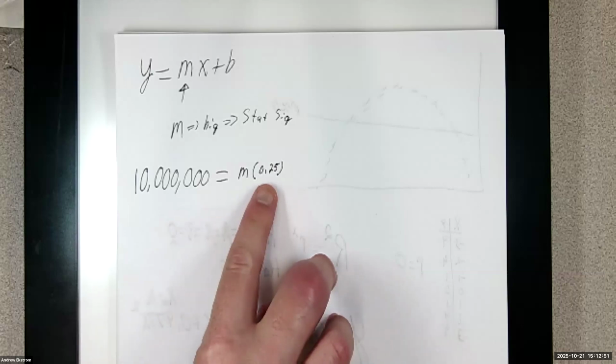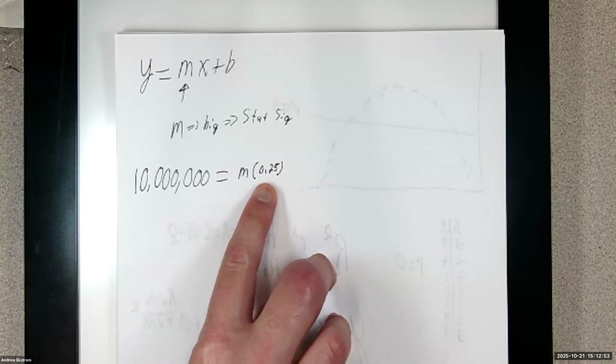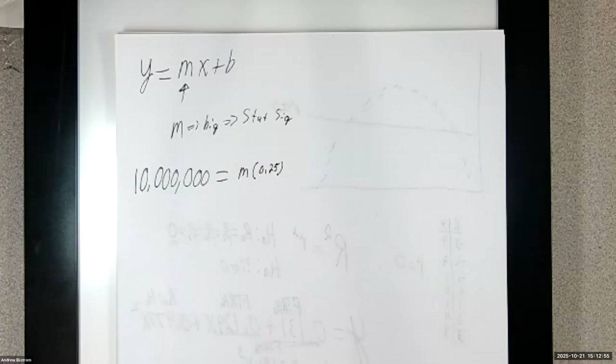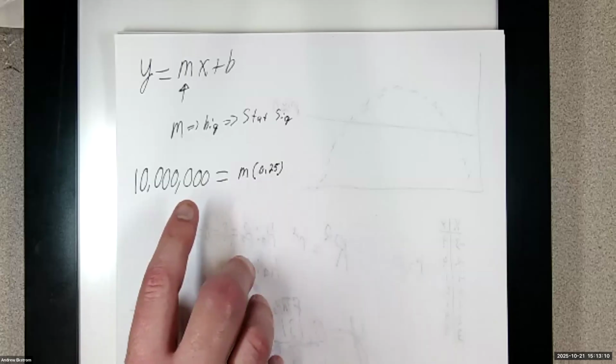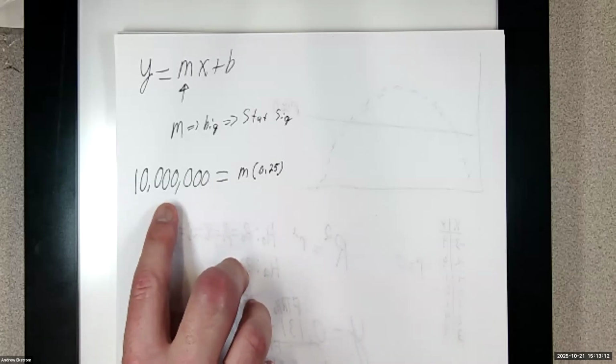Now I've got to find a way to relate that to the concentration of a known standard that I made, say 0.25 molar. Do you need to know chemistry to do this? No. But that's the concentration. That's the response the instrument gave me.